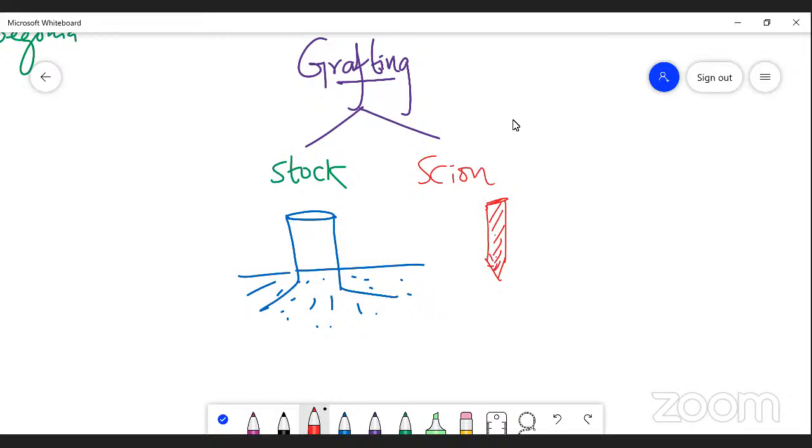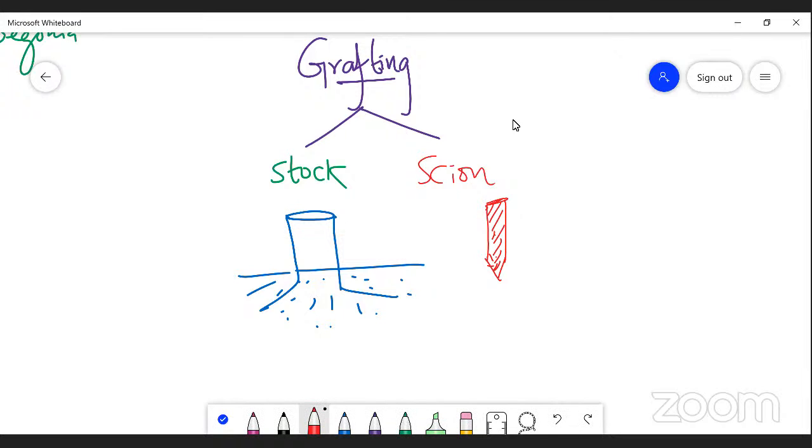So these two different plant parts are joined together by the process called grafting, by which new plants are produced, right? That is called the grafting technique. So in grafting, two different parts of plants are joined together by which an organism is produced artificially. Now, grafting is broadly divided into the following types.